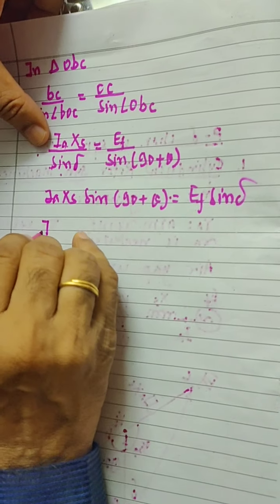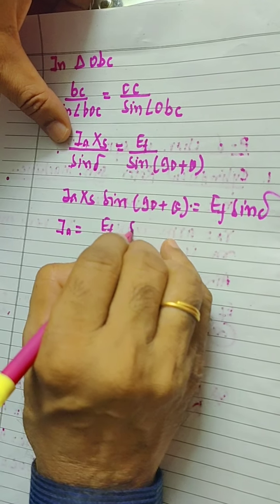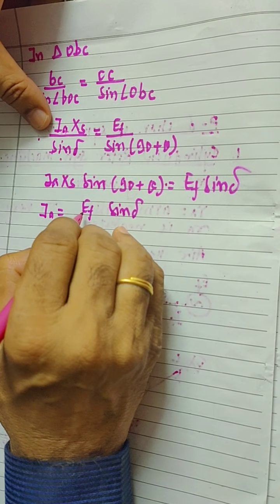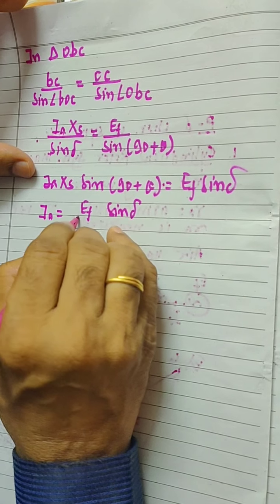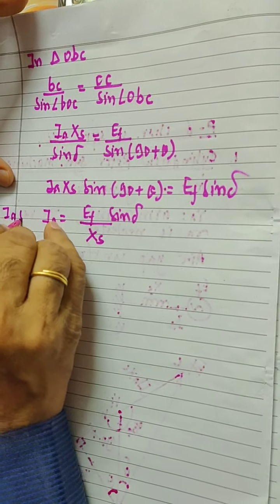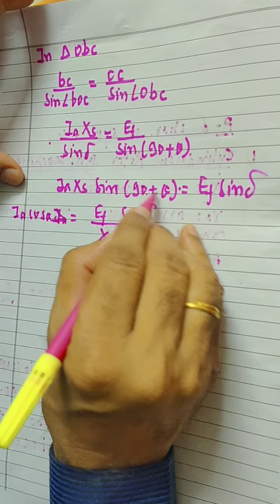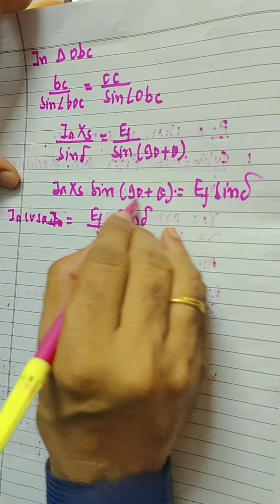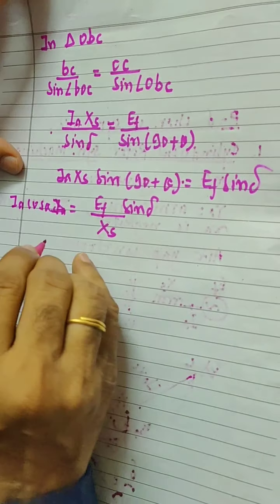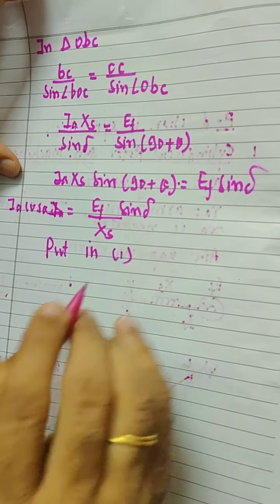From this, Ia cos theta is equal to Ef sine delta upon Xs. Put this in equation 1.